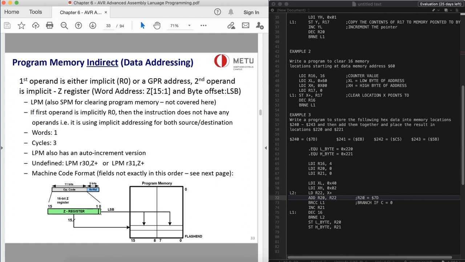If this least significant bit is 0, then we read the low byte. If it is 1, then we read the high byte of that data. I can show you a simple example to make sure that you understand how they are stored.